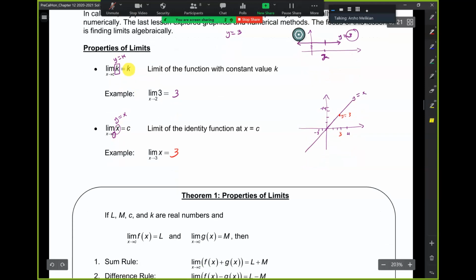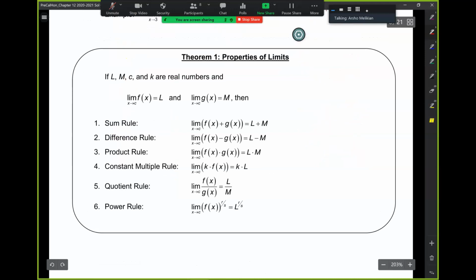All right, let's talk about some broad limit properties. Suppose you have two functions. The limit of one function as x approaches a number is L. The limit of the second function as x approaches the same number is M. If you want to find the limit of the sum, you just add the limits.